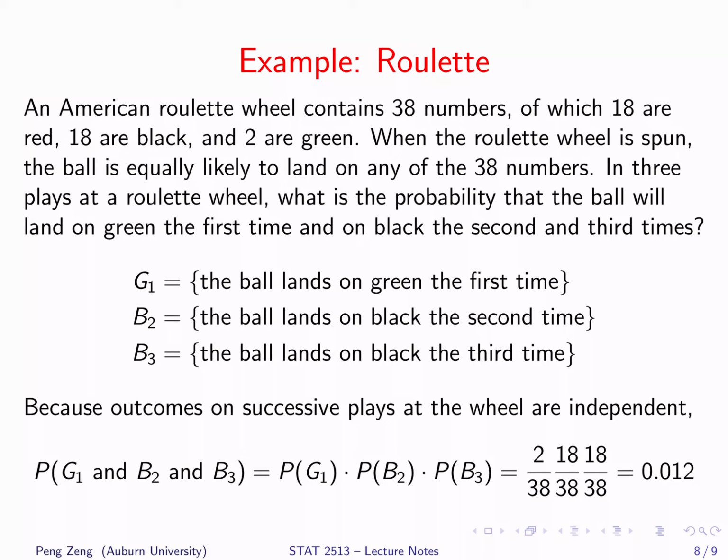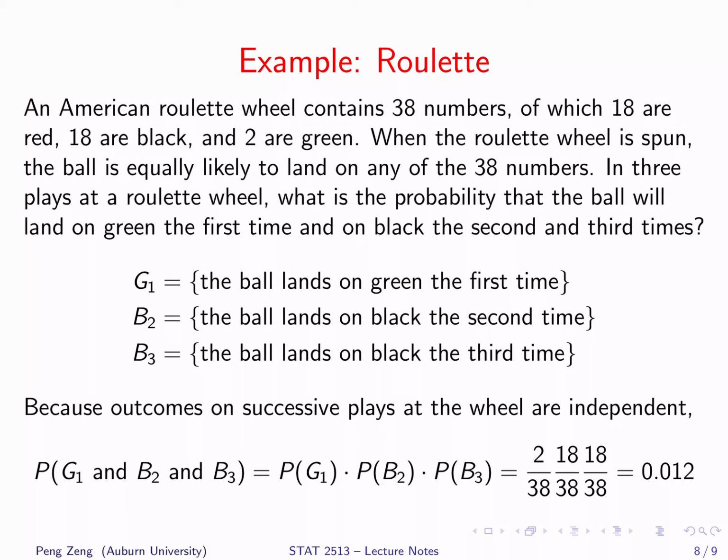This probability involves 3 events. G1 means that the ball lands on green the first time. B2 means that the ball lands on black the second time. B3 means that the ball lands on black the third time. The question asks for the probability of G1 and B2 and B3.